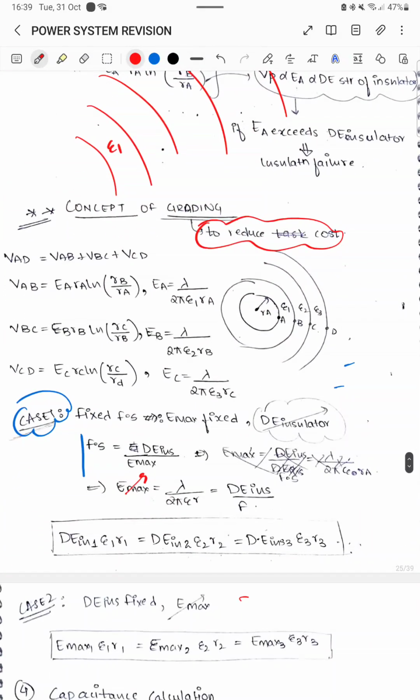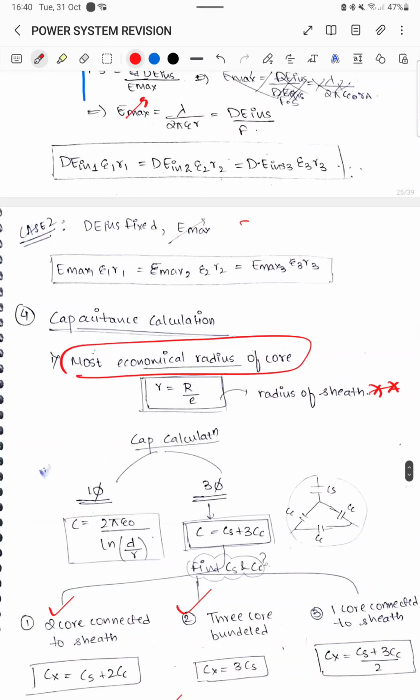Then we saw the concept of grading. In that we have seen the concept of FS, safety factor, that is equal to dielectric strength upon E, where either can be constant or variable, and we will have equations in the one which is variable. Then we saw capacitance calculation, single phase, three phase, CS plus 3cc. We saw three cores bundled, Cx is equal to 3cs.